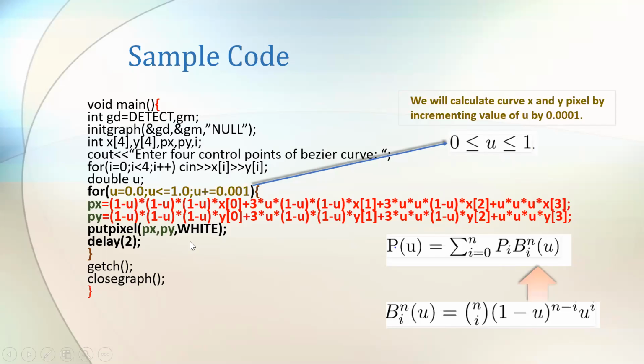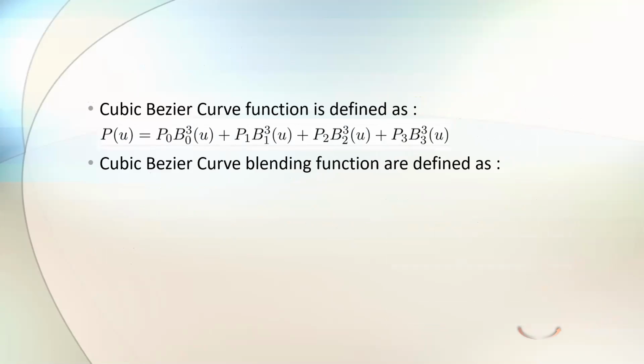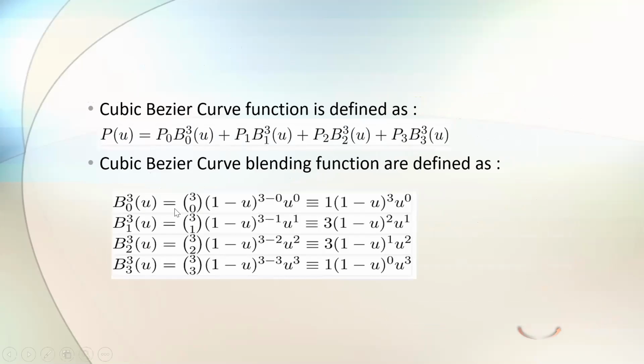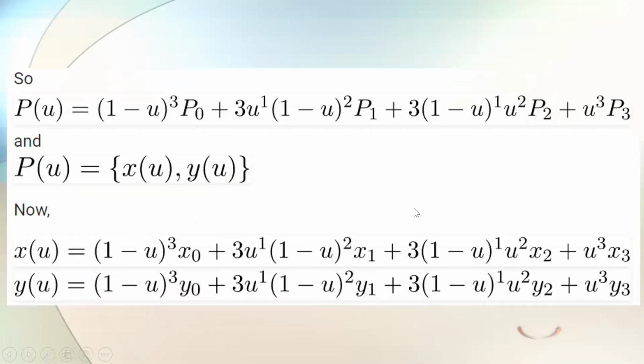So this is how it works. I'll show you. This is self-explanatory. The first one is the polynomial equation expanded. Then you will assign the cubic blending function in place of b0, b1, b2, and b3. So you get p as this equation. Now since a point is composed of x and y, you have to find px and py.